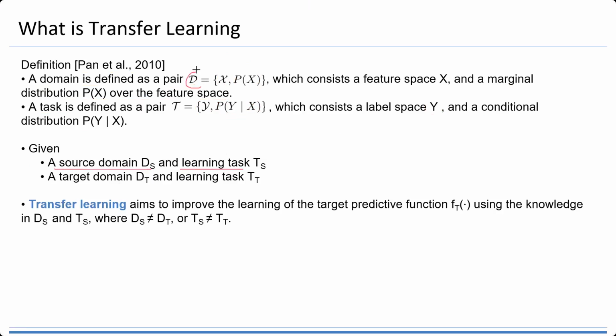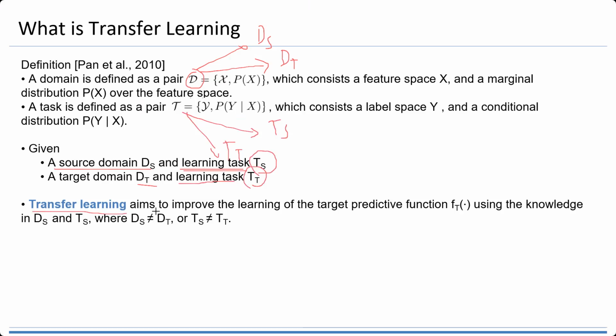So DS is the domain from the source, and we have DT, which is the domain for the target. And then we have TS, the learning task in the source domain, and we have TT, which is the learning task in the target.